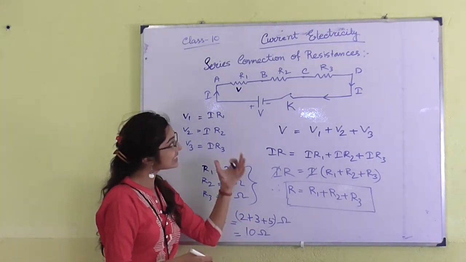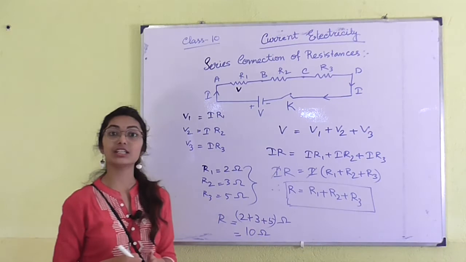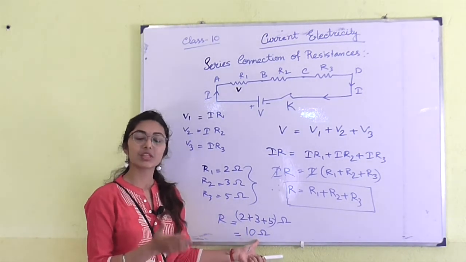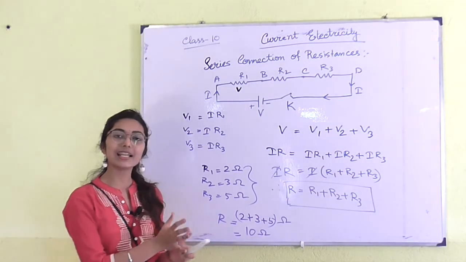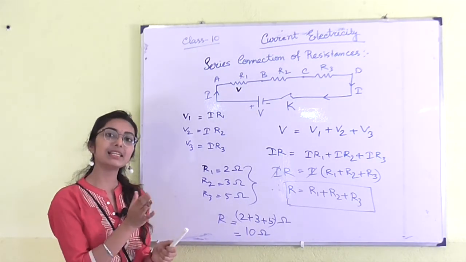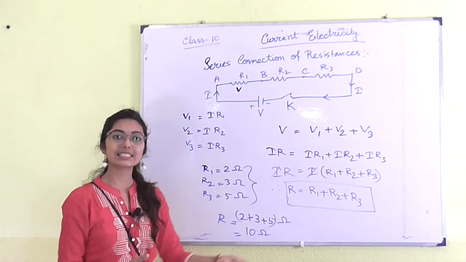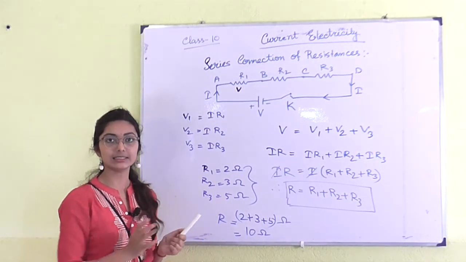So in series connection we will always get less current, because the equivalent resistance is greater, so the current passing will be less. For getting less current we should use this type of connection.